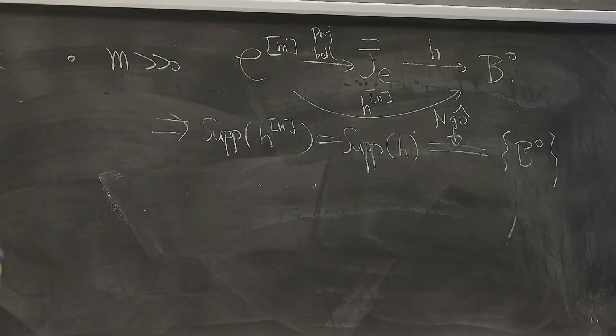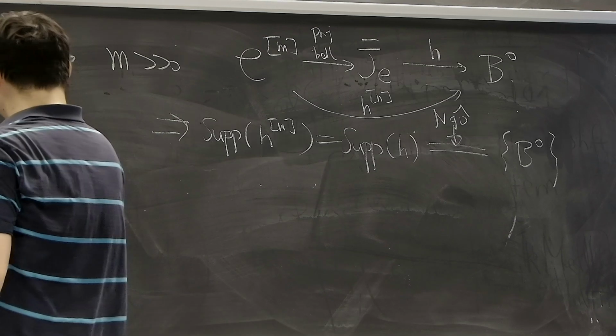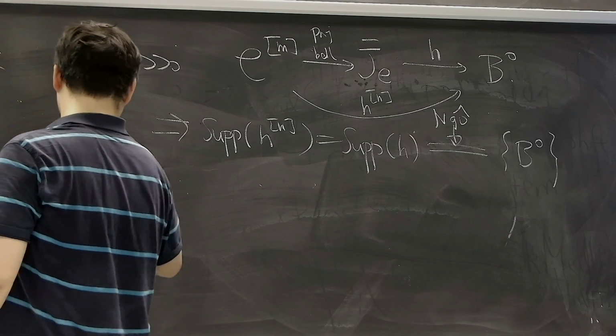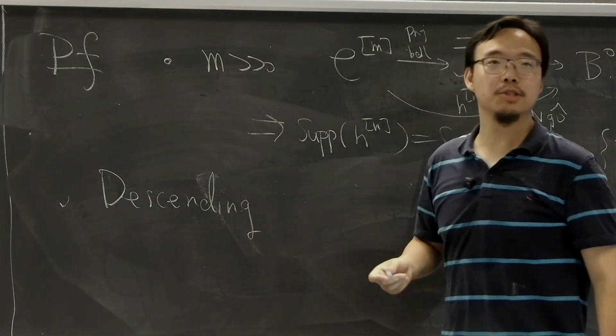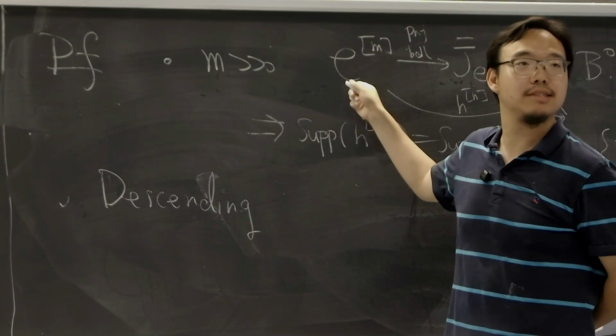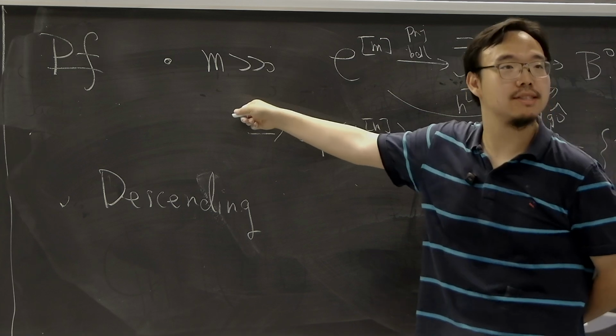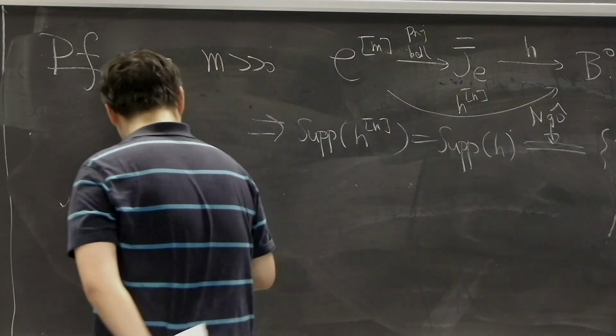Then the second step is to perform a descending induction. There is a very natural correspondence which connects the Hilbert scheme of M points with M minus 1 points, and you do the descending induction.